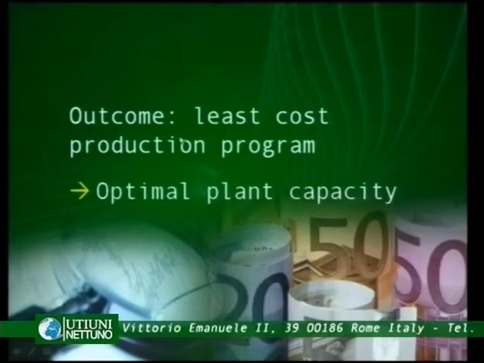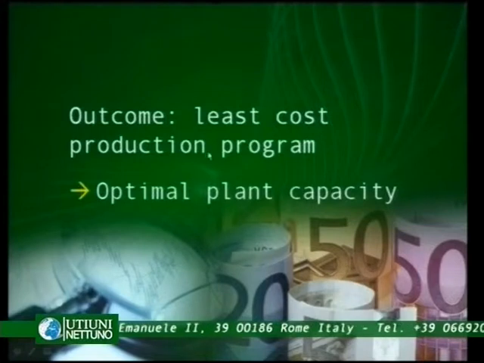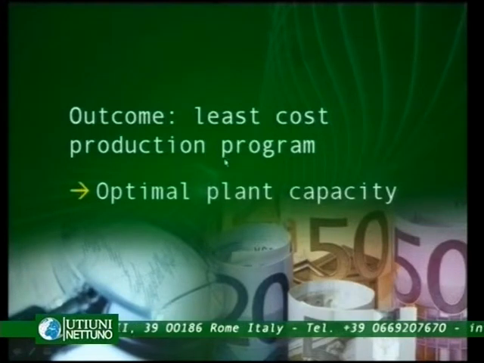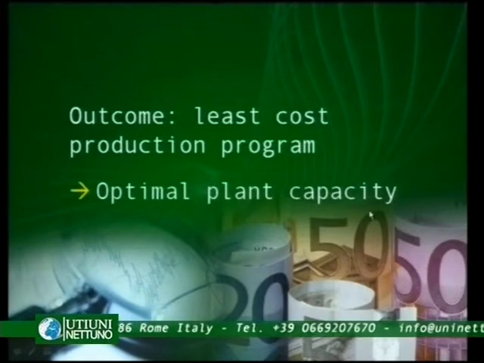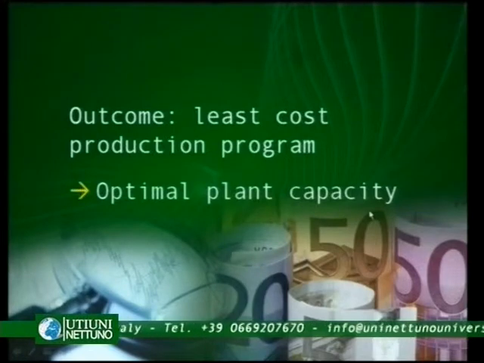The outcome of such a balance is the so-called least cost production program, which leads to the optimal plant capacity. So the idea of a balance, both balancing materials and energy, implies to optimize the plant capacity.